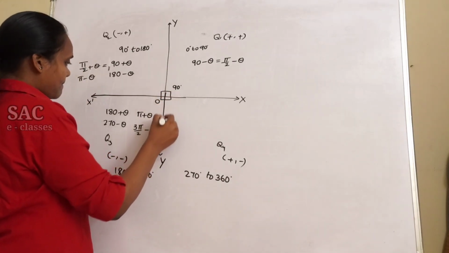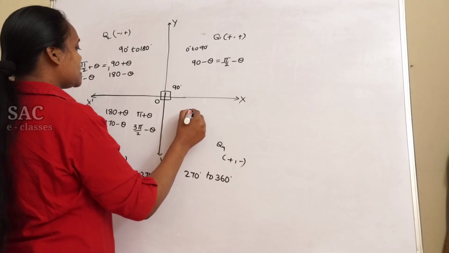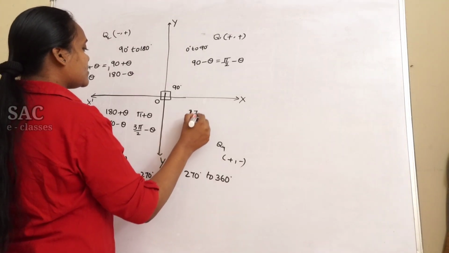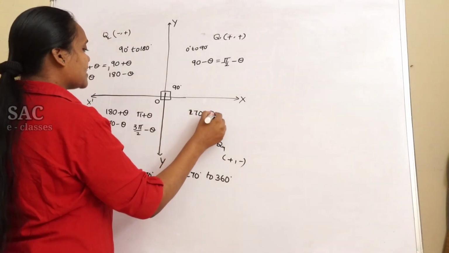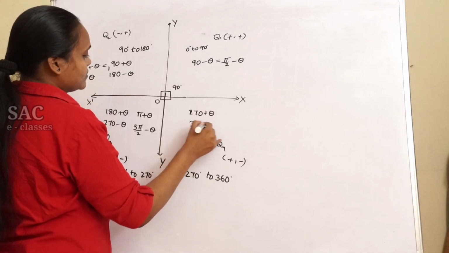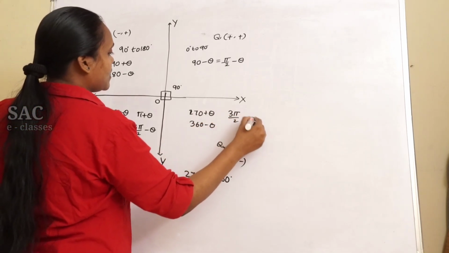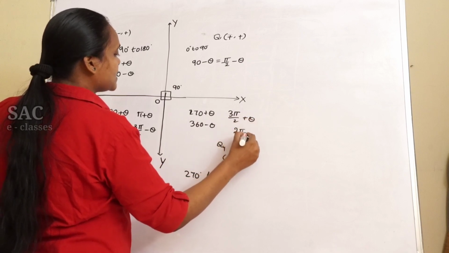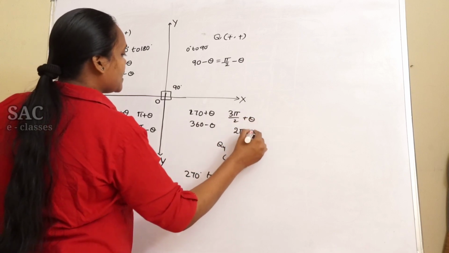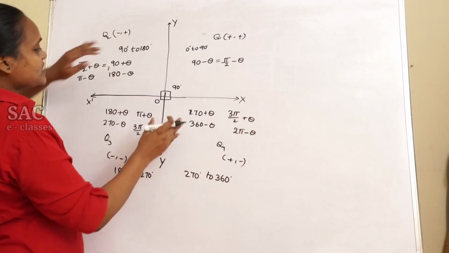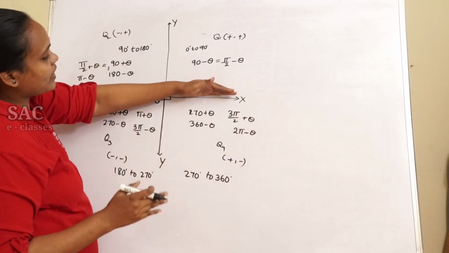Next, this is more than 270 but less than 360. So it is 3 pi by 2 plus theta and 2 pi minus theta. Obviously, if it is 360, it will complete.